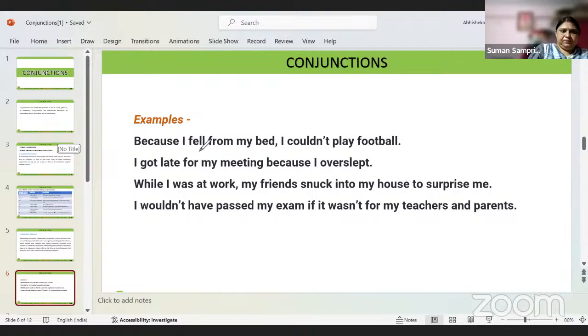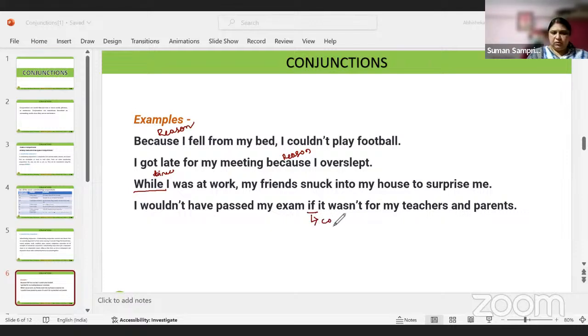Right. I got late for my meeting because I overslept. Again, it is showing some kind of reason. While I was at work, my friend snuck into my house to surprise me. So it is also joining two actions happening at the same time. So we can talk about time. I would not have passed my exam if it was not for my teachers. So it was also a condition.